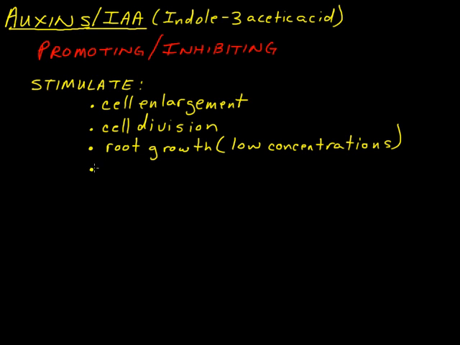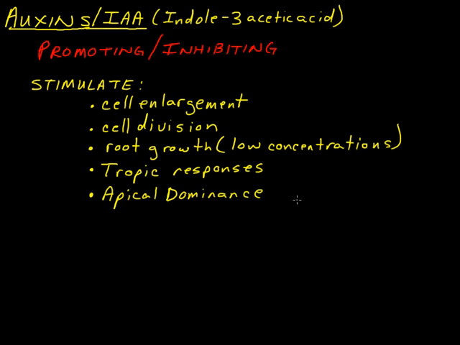They're responsible for directional growth in what we would call, as we discussed earlier, tropic responses, or growth responses. And as discussed also earlier, they're thought to be the main hormone responsible for the phenomenon of apical dominance.